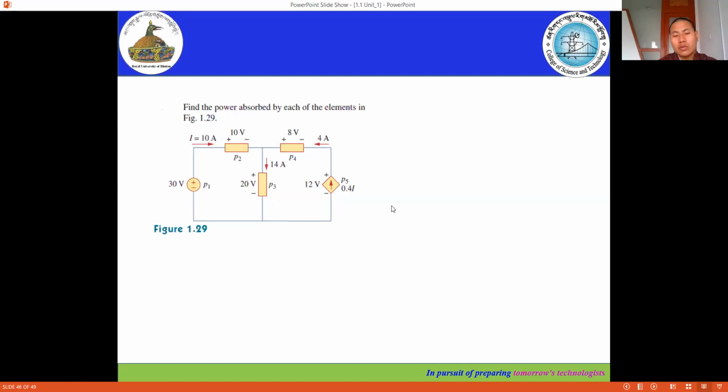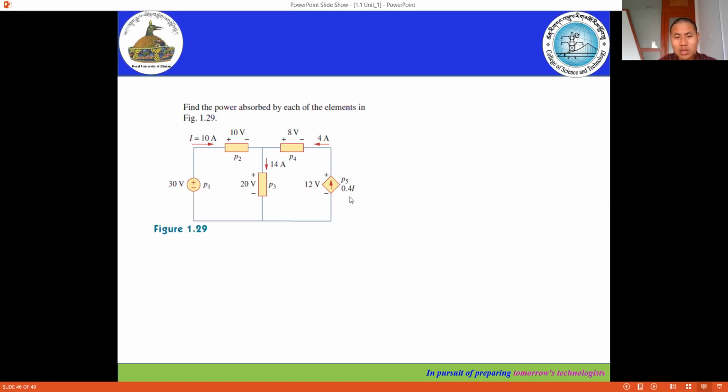You should also remember that here we have a dependent source in the network. For the electrical students, you may have studied this in circuit theory 1, but for the IT students, I think it's very new, so do not worry about it. We have to treat this dependent source differently.